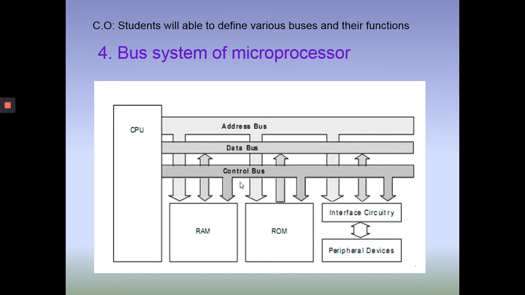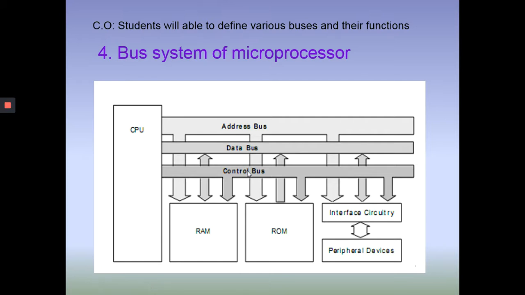There is a control unit in the microprocessor, we will learn about that later on, which generates certain control signals, control bits, to activate or deactivate, to enable or disable other peripherals, other chips, and other pins of those chips. These control bits are also useful for synchronization.